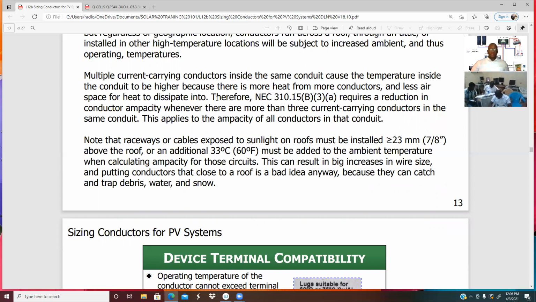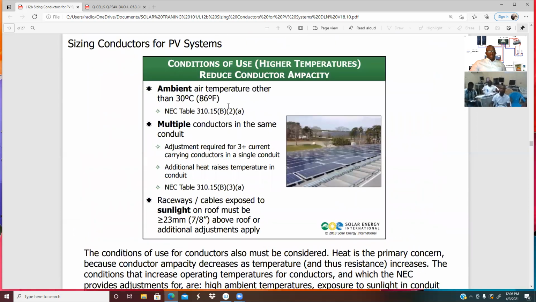So this reading on page number 13 is talking about the ambient air temperature. When the conductors are in the conduit, like Mr. Kotuma said, the conduit is the bread and the conductor is the mayonnaise.